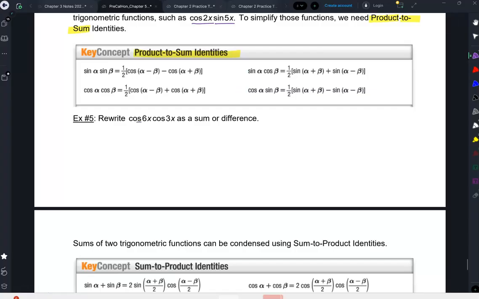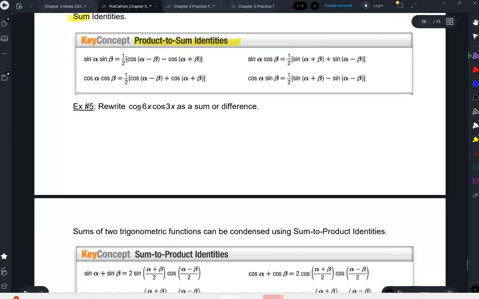There's very little thinking in this one. Okay, so cosine times cosine, which one am I going to use? This one, right? Okay, so this is going to be 1/2 cosine 6x minus 3x plus cosine 6x plus 3x.